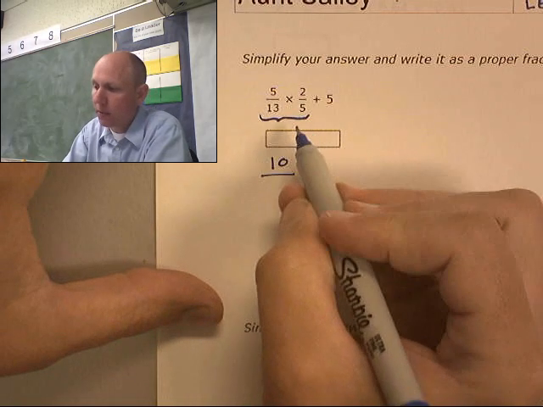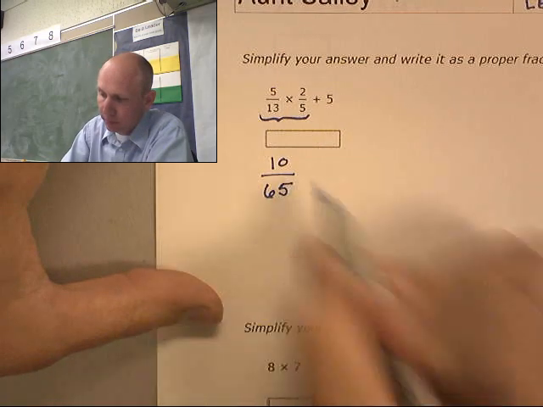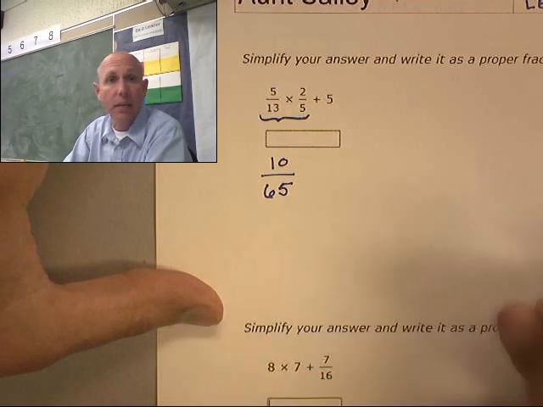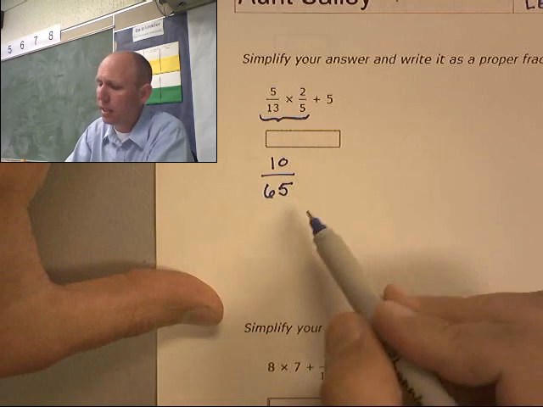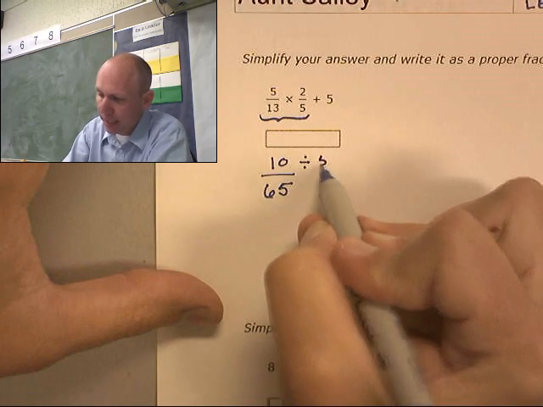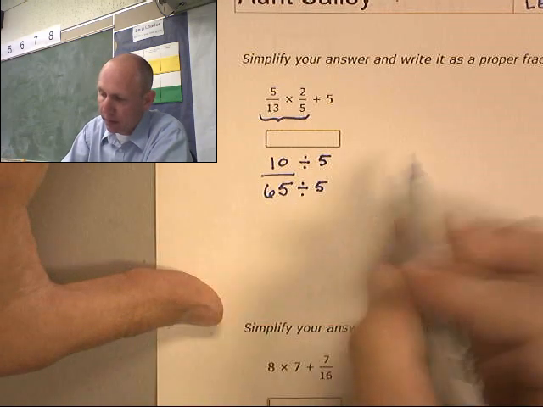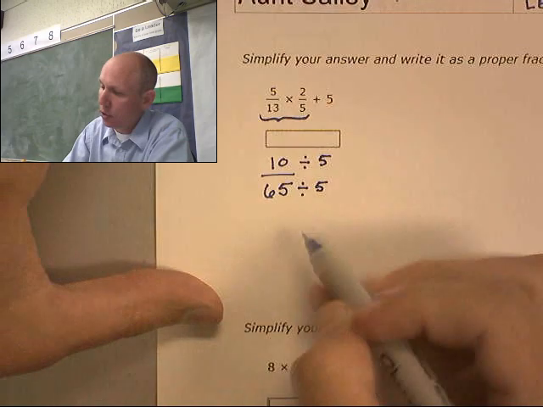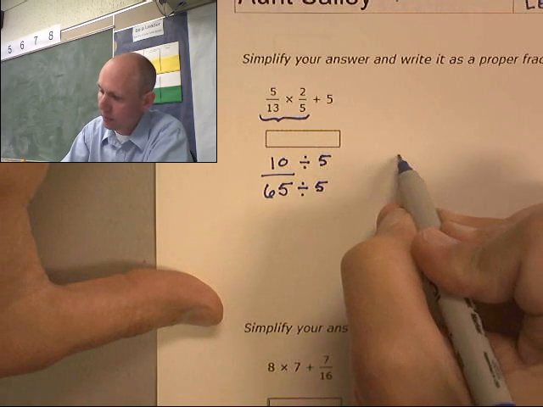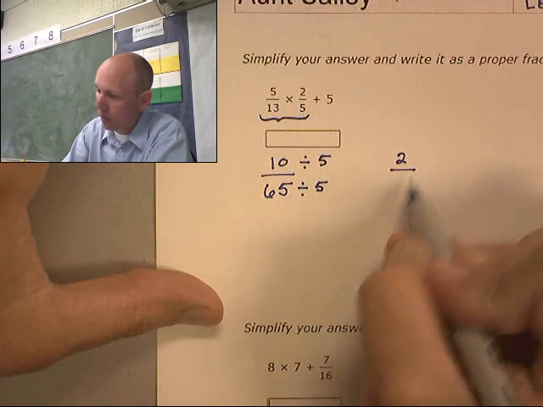And 13 times 5 is going to be 65. Can I reduce that? Absolutely. They're both divisible by 5, so I'll divide this by 5. Divide this by 5. And that's going to turn it into 2 over 13.